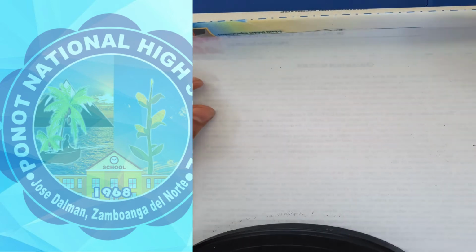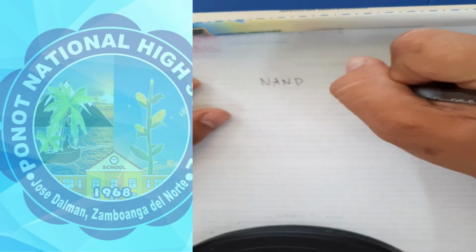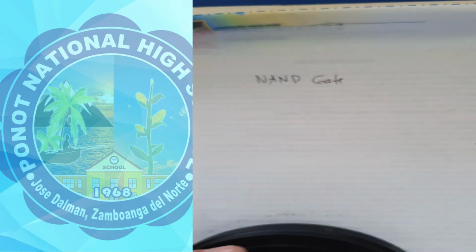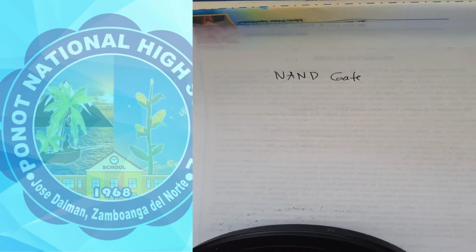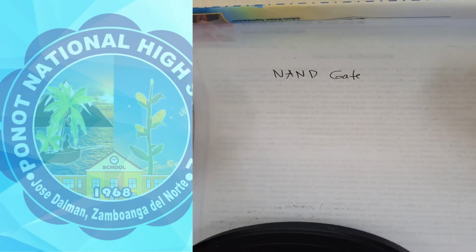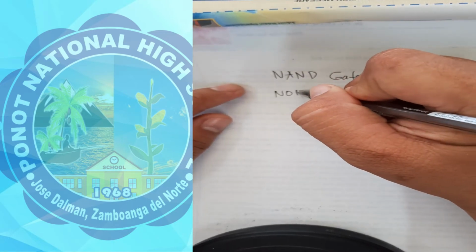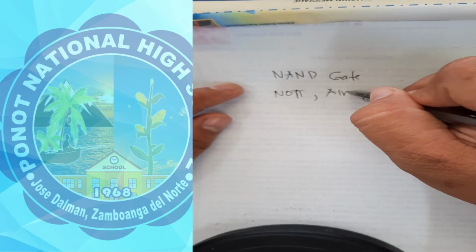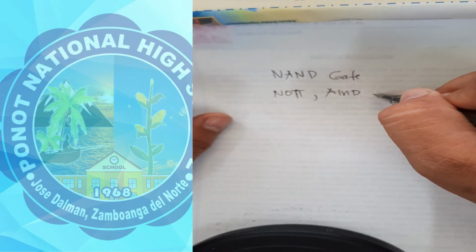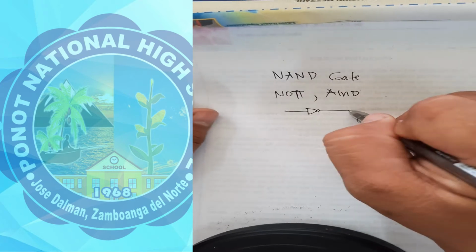Okay, next is the NAND gate. So, ang NAND gate is a combination of a NOT gate and an AND gate. Kanina, ang symbol ng NOT gate natin is ganyan.